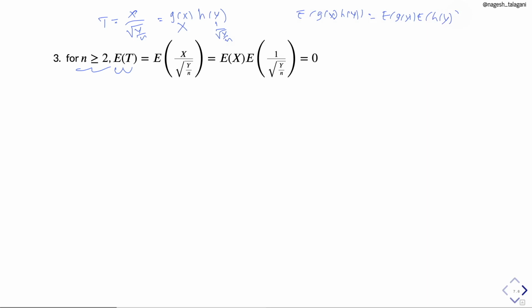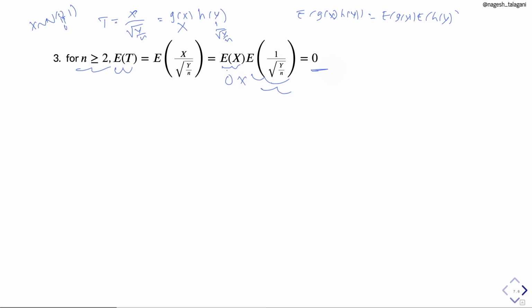So this expectation of x by root (y by n), I can write as expectation of x times expectation of 1 by root (y by n). Here x is a standard normal random variable, so the expectation of x is going to be 0. So 0 times something is going to be 0. For n greater than 1, the expectation of t is going to be 0.